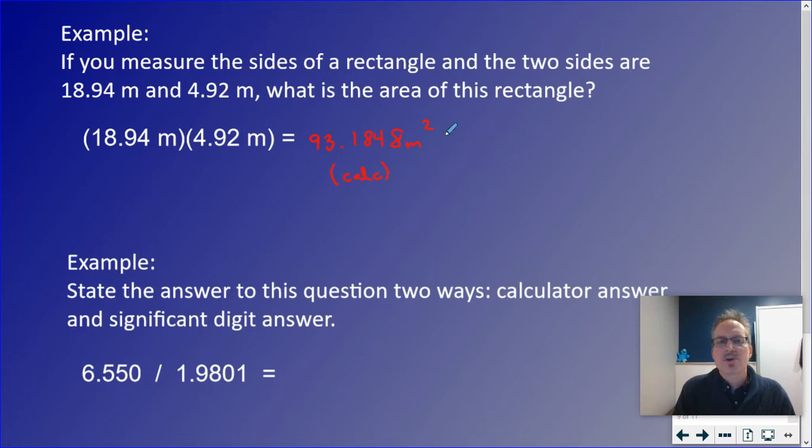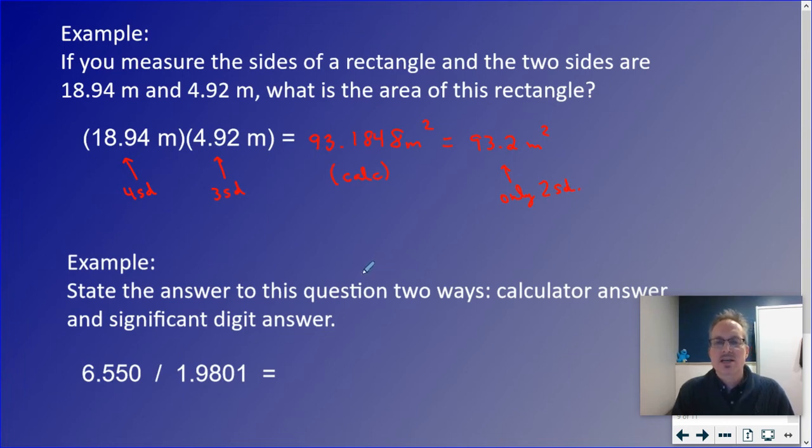So to figure out how to put it in significant digits, because it's multiplying, we put it in the least number. This number has 4 significant digits. This number has 3 significant digits. Therefore, we're going to put our answer into 3 significant digits. So 93 point, and this is going to round this up, 93.2 meters squared. We are allowed only 3 significant digits.